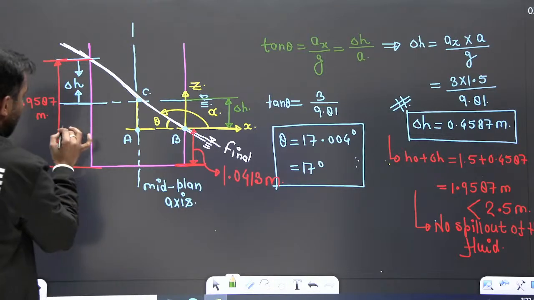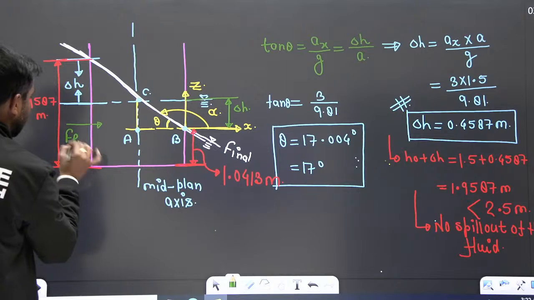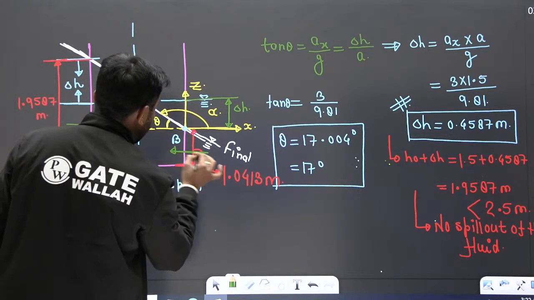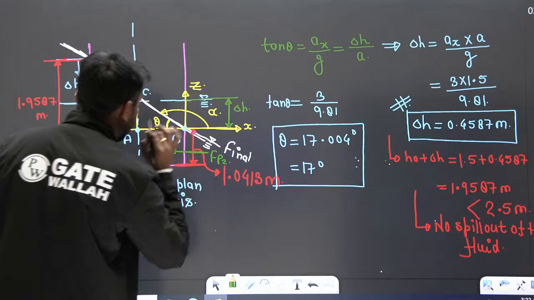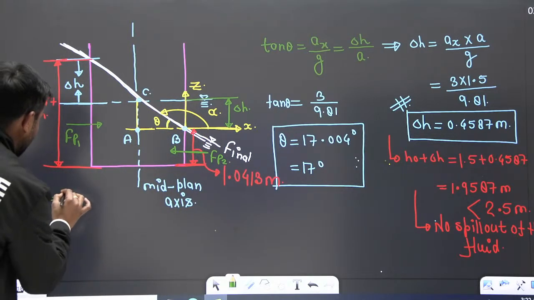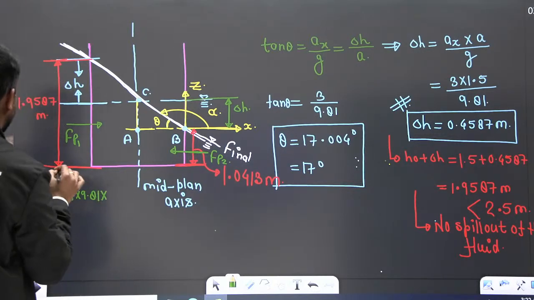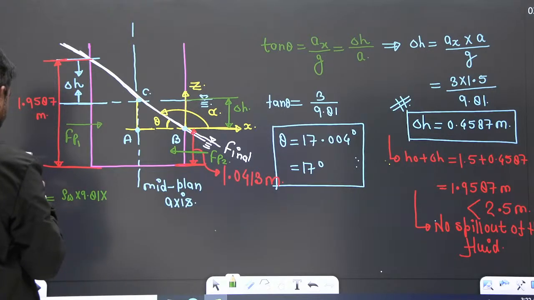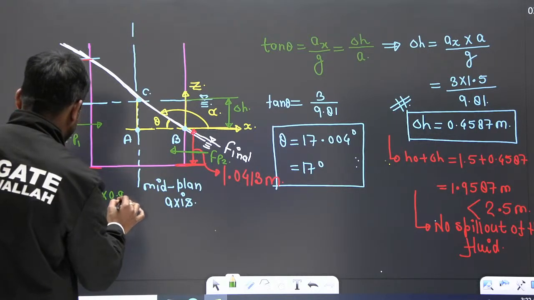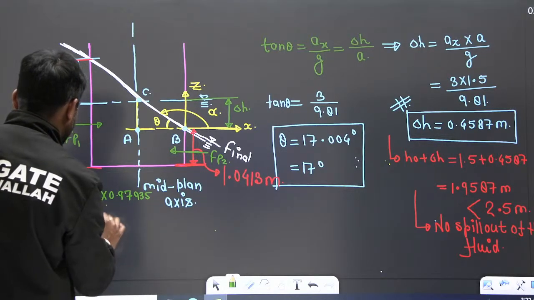At this face, let me take the force as FP1, and from this side let me consider that as FP2. So what about FP1? FP1 is rho of water, that is 9.81, and h bar is half of this, 1.9587 divided by 2, that is 0.97935, multiplied by area.